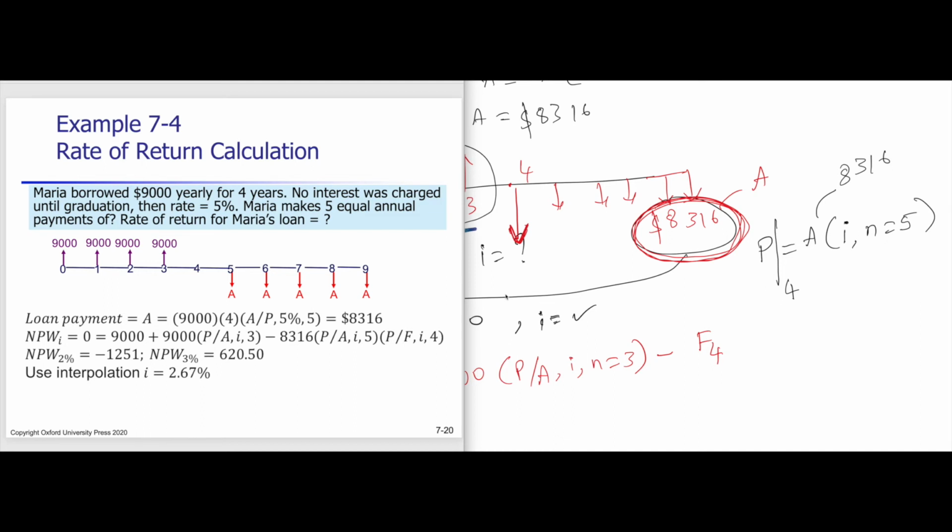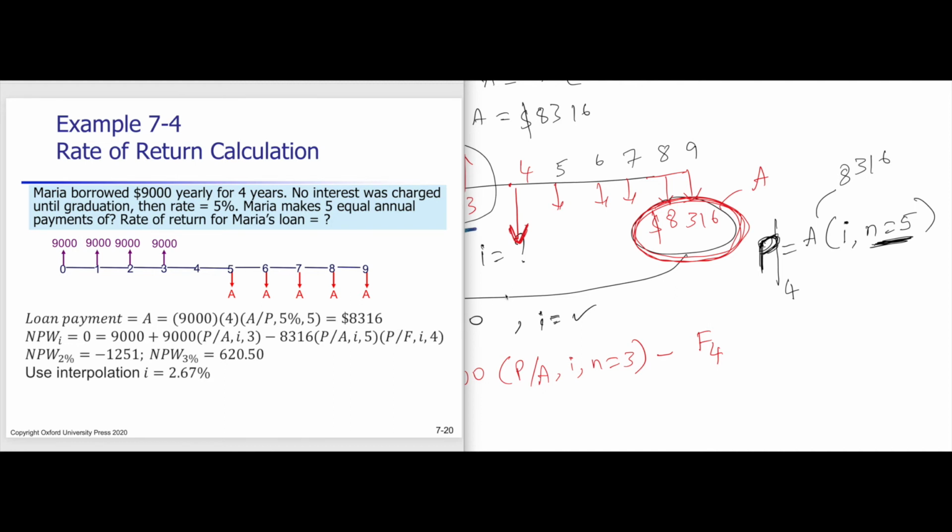Because you're using A starting from 5, 6, 7, 8, 9. So when you apply this formula and write n is equal to 5, what you get is P4, which is the future 4. I shouldn't write P4, but I should write F4. But we have to use the formula present. That's why I'm writing P here.